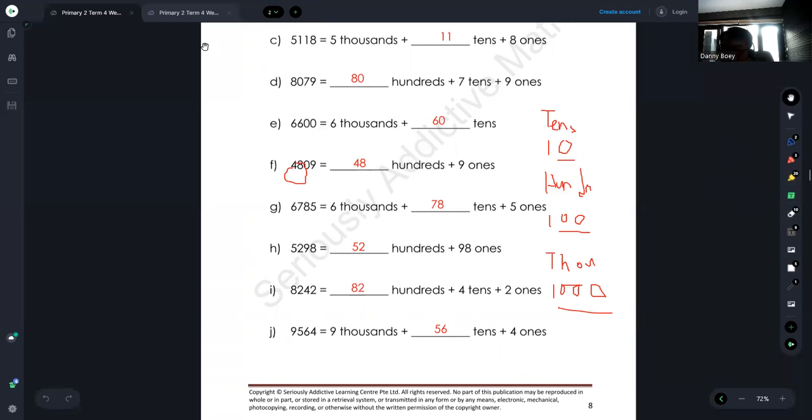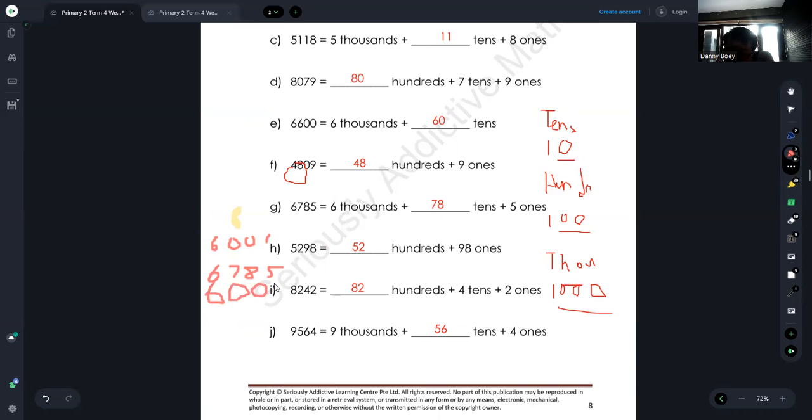Sometimes for students who have difficulty understanding, they may even do the long way. I know there are quite a few. You can actually get them to just write it out like that. Because you already have 6,000 here and 5 ones, 6,000 and 5 ones will be 6,005.